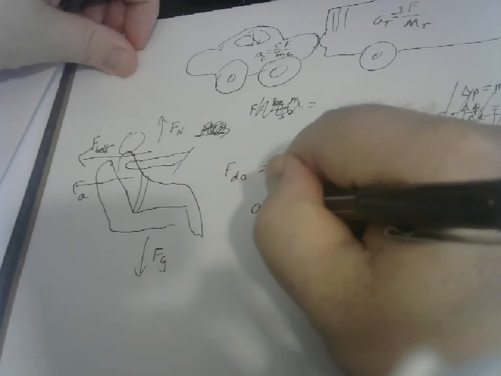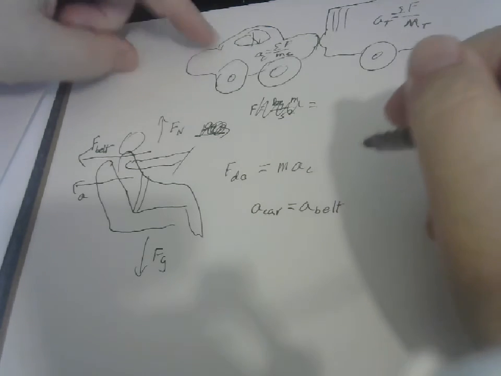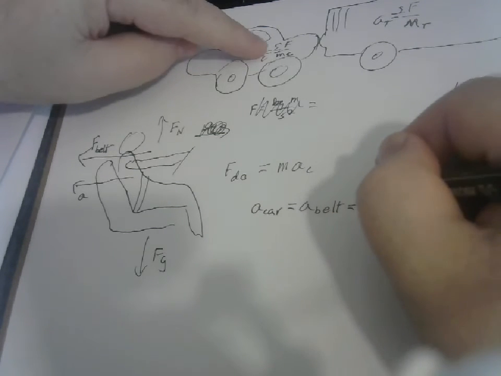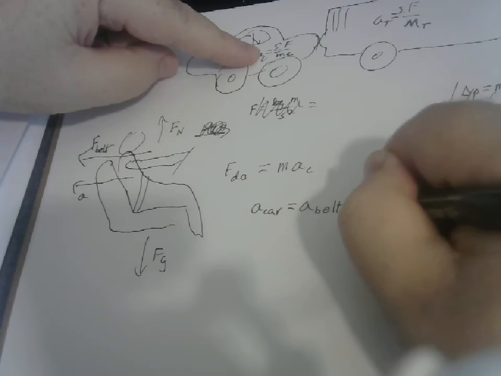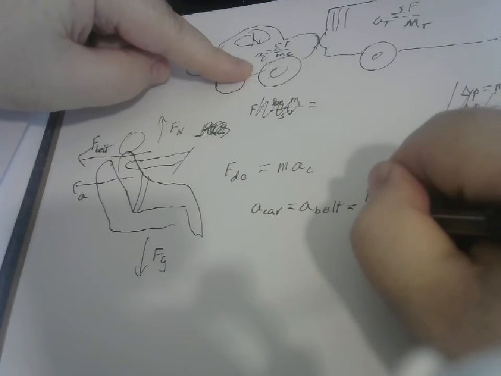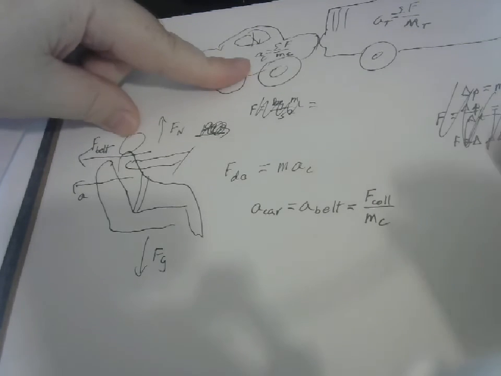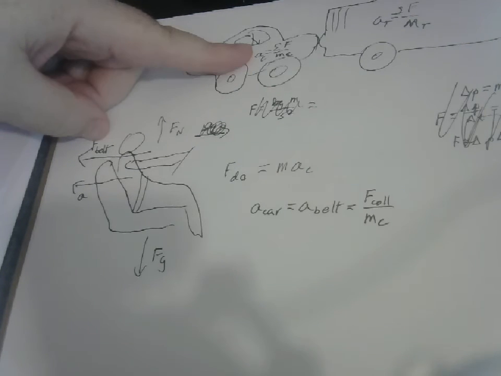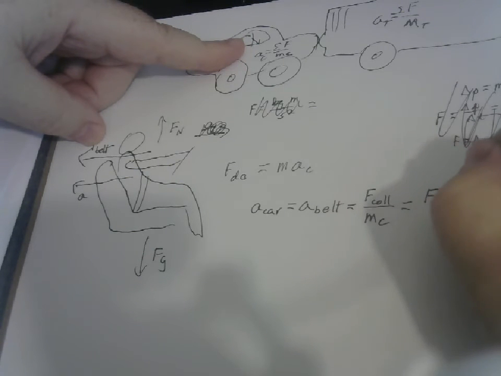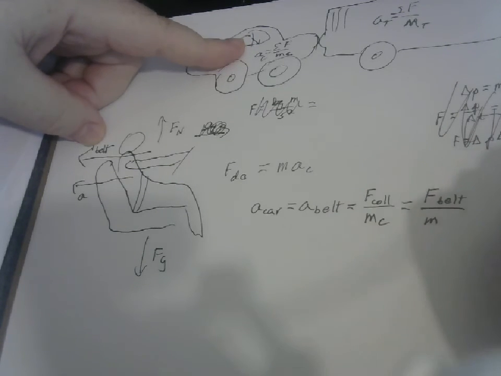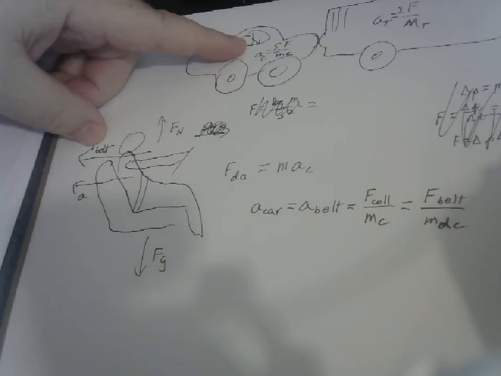And we'll make this statement that the acceleration of the car is equal to the acceleration of the belt, which is in turn equal to the force of the collision divided by the mass of the car. And we'll also use that as the force of the belt over the mass of the driver of the car.